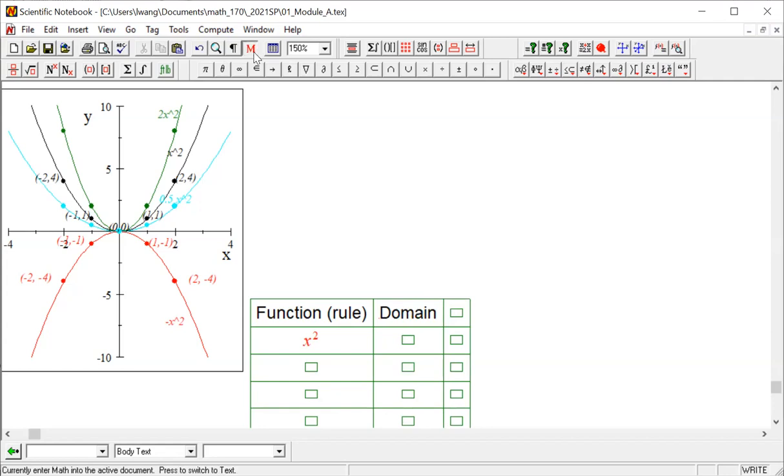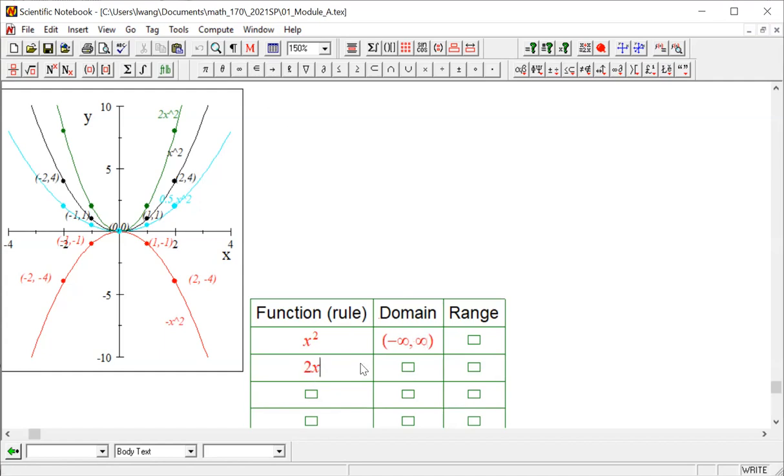And that's the range. For x squared, the domain is from negative infinity to positive infinity. All of them are the same. And for 2x squared, the domain is the same.